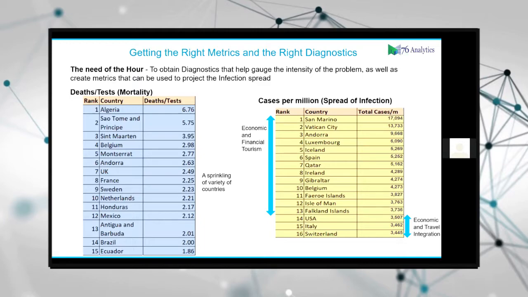From Belgium onwards to Isle of Man, right until Switzerland, from the 10th to the 16th position, you have a great deal of economic engagement with the world, either in terms of financial engagement or corporate structures that have companies over there. So you get a sense that the spread of the infection, if we look with an appropriate metric like cases per million, was driven by this economic and travel integration. Okay, and we quickly go down to the next slide.